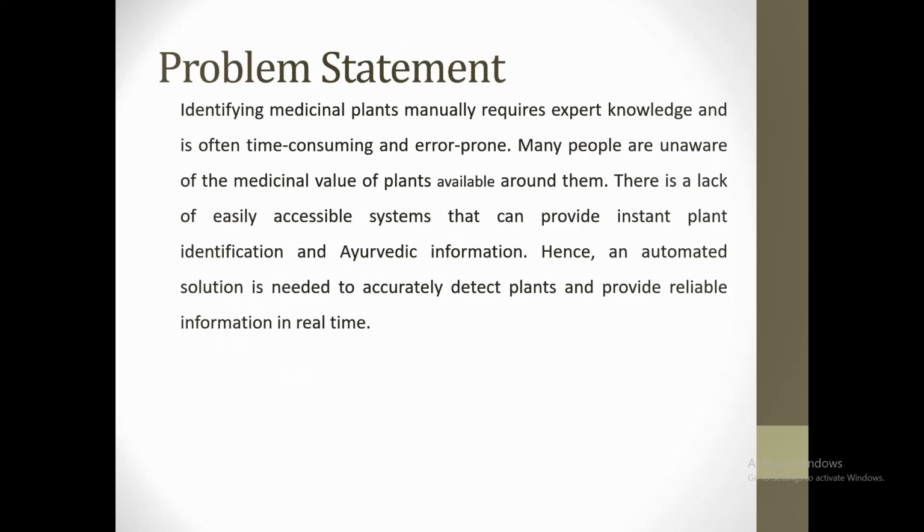So many people are unaware of medicinal values of the plants around them, and there is a lack of easily accessible systems that can provide instant plant identification and Ayurvedic information. Hence, we are planning to develop an AI backed application which would fulfill this gap and help people to know the importance of a plant and its medicinal value.